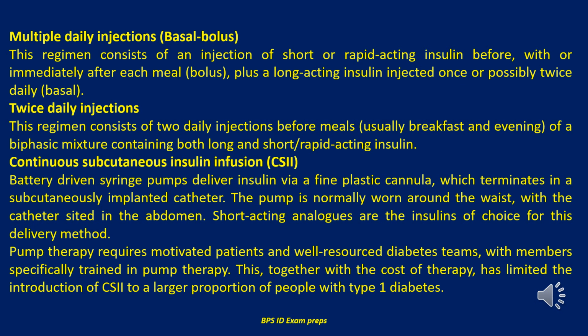Short-acting analogues are the insulins of choice for this delivery method. Pump therapy requires motivated patients and well-resourced diabetes teams, with members specifically trained in pump therapy. This, together with the cost of therapy, has limited the introduction of continuous subcutaneous insulin infusion to a larger proportion of people with type 1 diabetes.